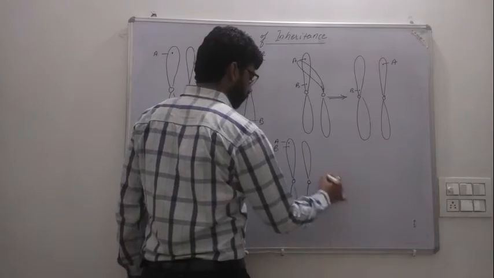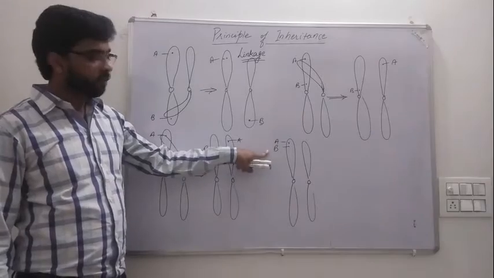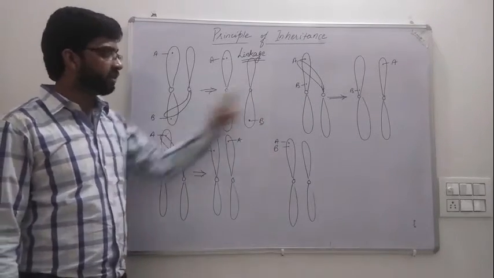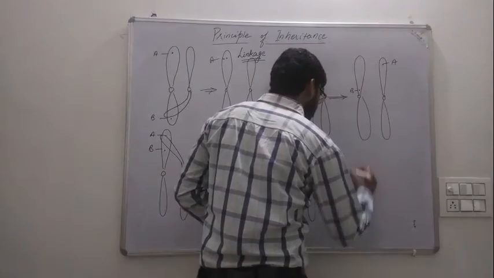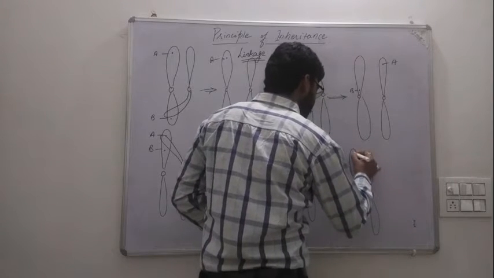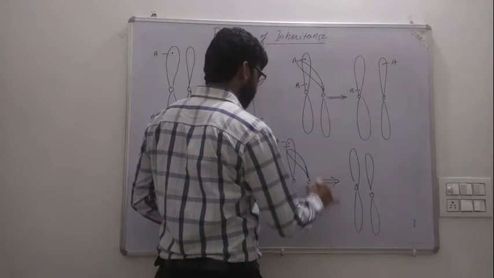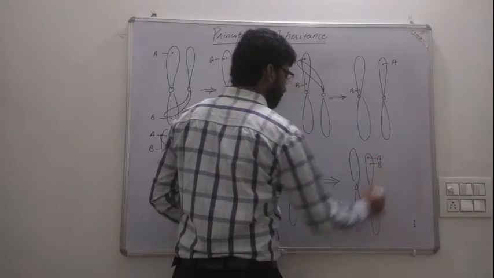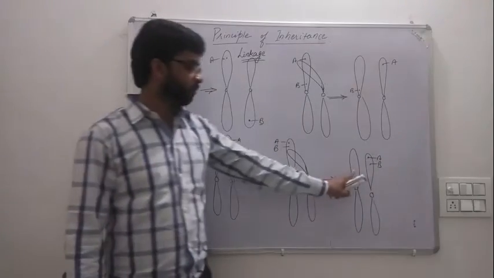Now, the chances of separation of both of these genes are lesser as compared to the upper three examples. When crossing over is done here, both genes transfer simultaneously. There is no gene on this chromosome.